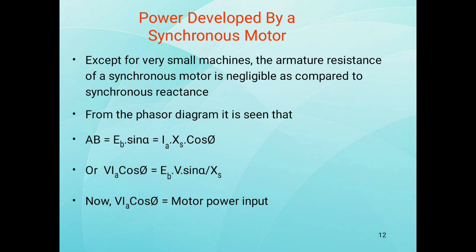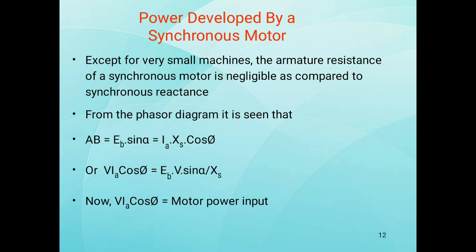From the phasor diagram, it is seen that Eb sin alpha is equal to Ia Xs cos phi.